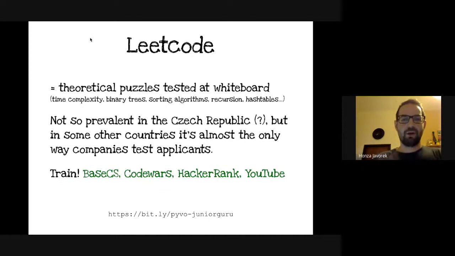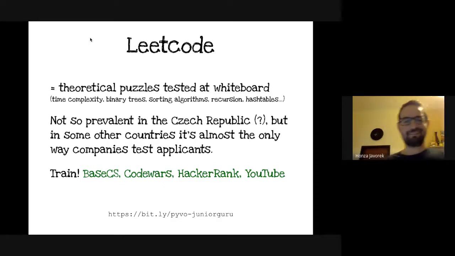One thing you should know about is this phenomenon of Leetcode. It's theoretical puzzles tested at a whiteboard. I don't know how it works right now during the pandemic, if they're like remote whiteboards, but this is something which is, I think, not so prevalent in the Czech Republic.